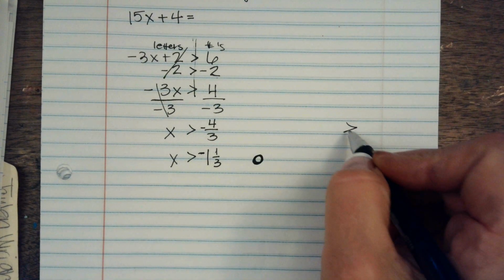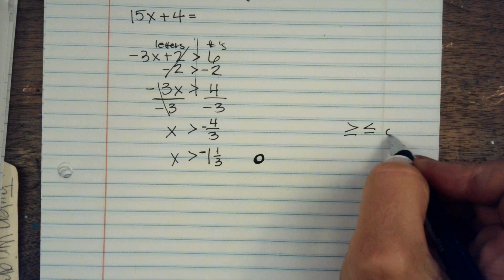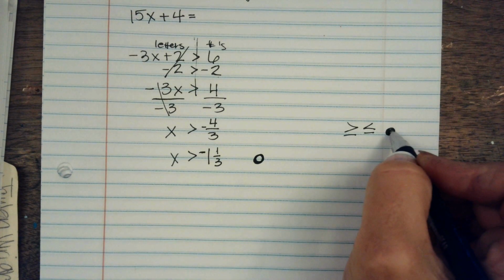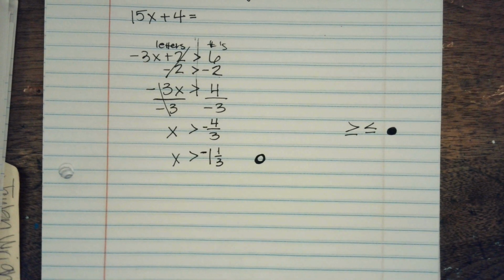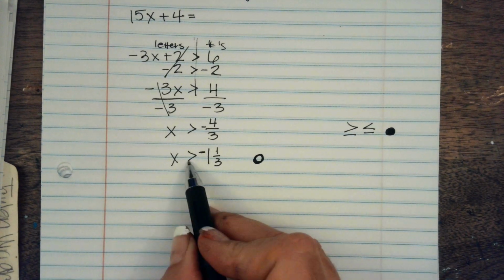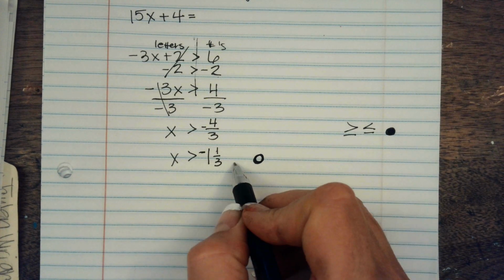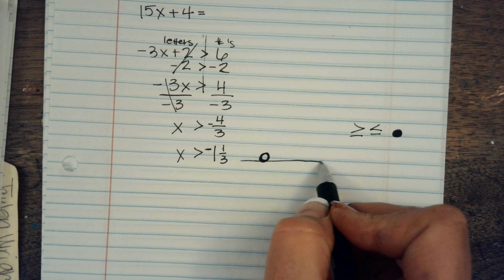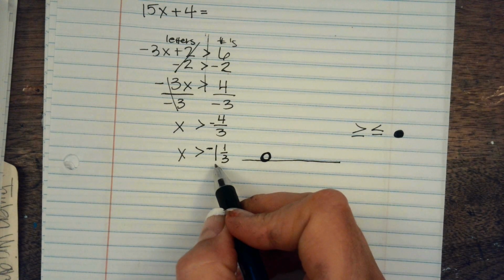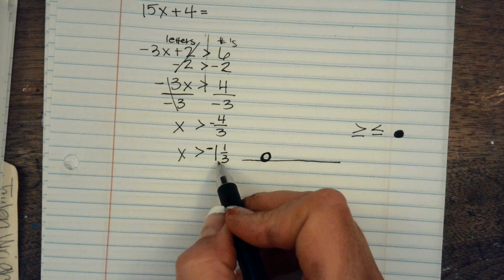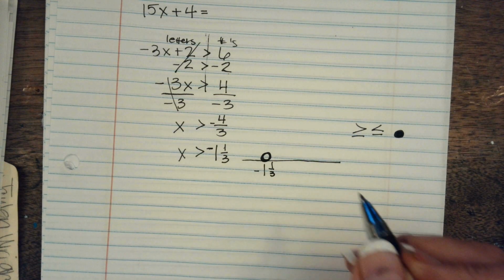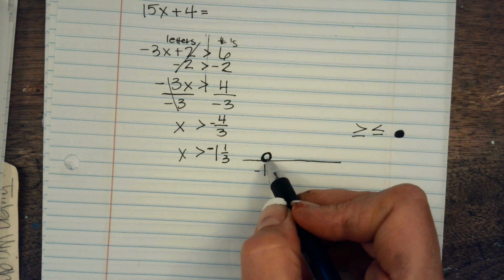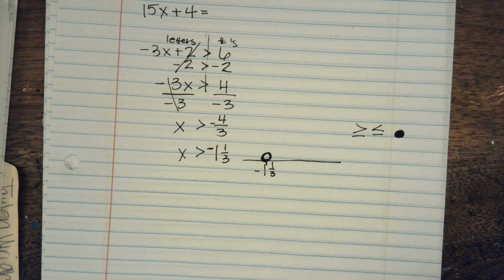If it's this or this, you're going to fill the circle in and make it what's called a closed circle. Because it doesn't have the equal to on the bottom, you keep it an open circle, and then you make a number line. And we need to have negative 1 1/3 right under the circle.